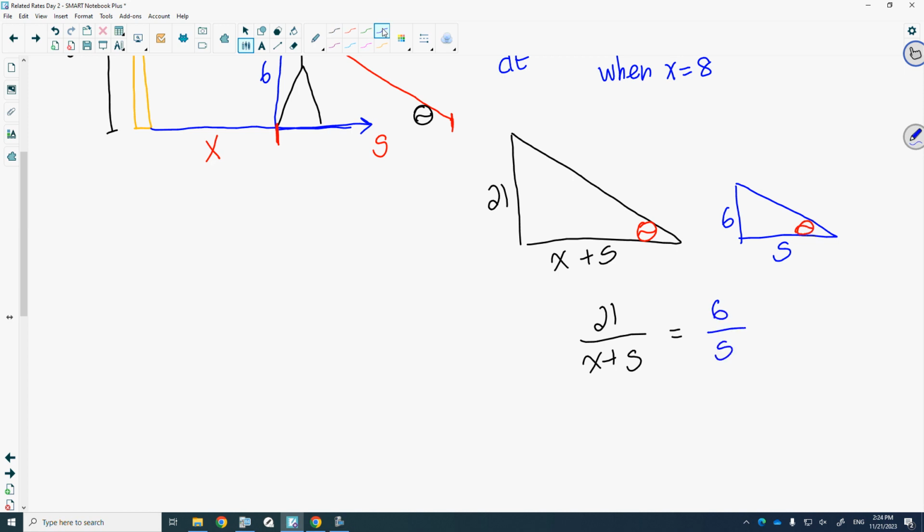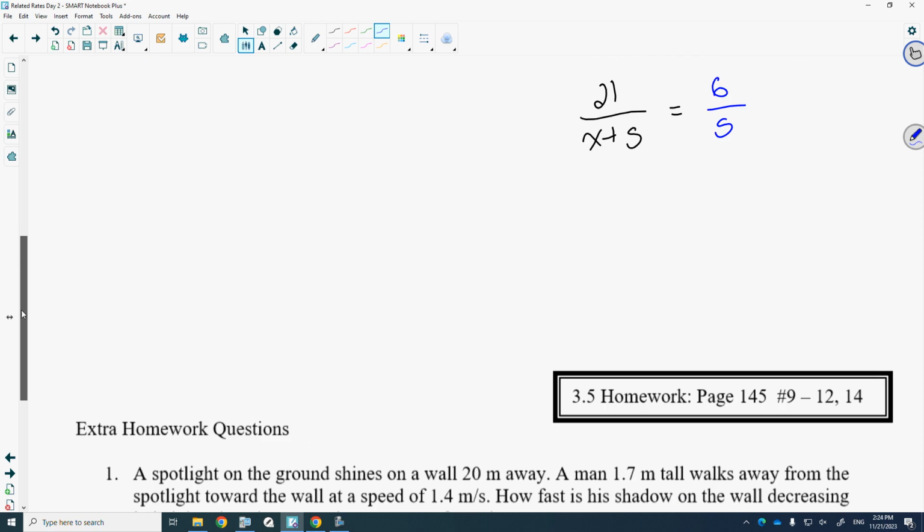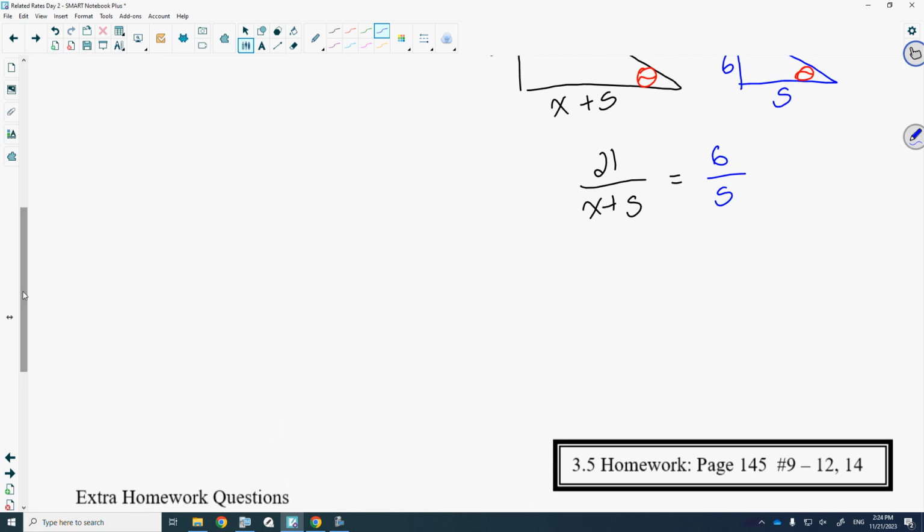Now, remember we're going to be implicitly deriving. I don't want to do quotient rule, so for these similar triangle questions, always cross multiply. Cross multiply, and you get 21s is equal to 6 times x plus s. 21s is equal to 6x plus 6s.